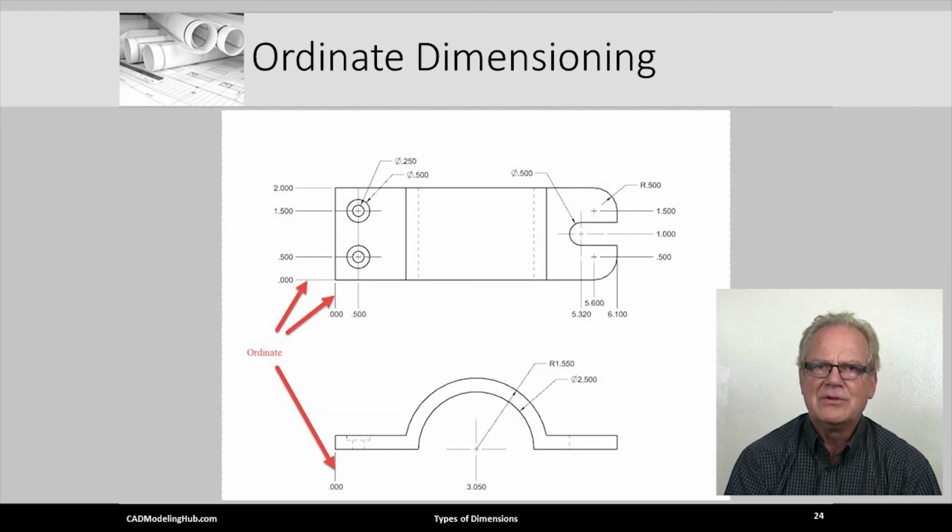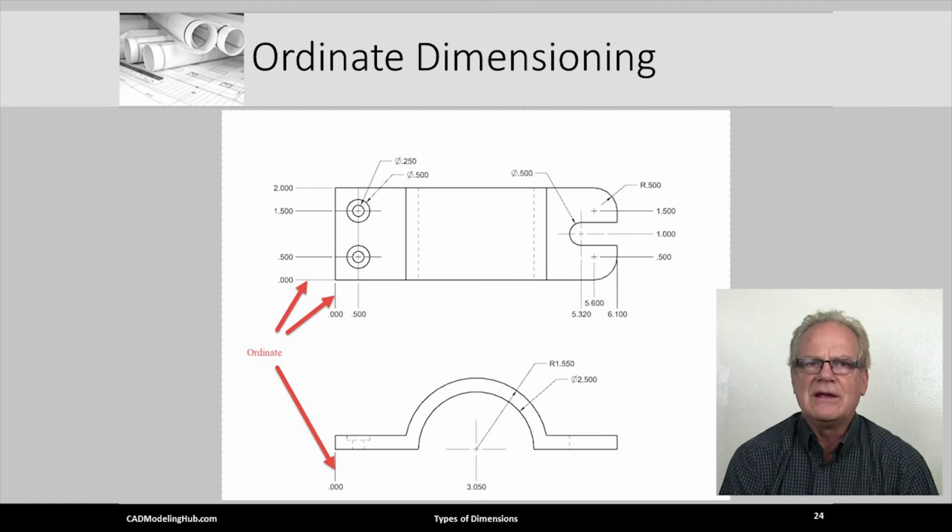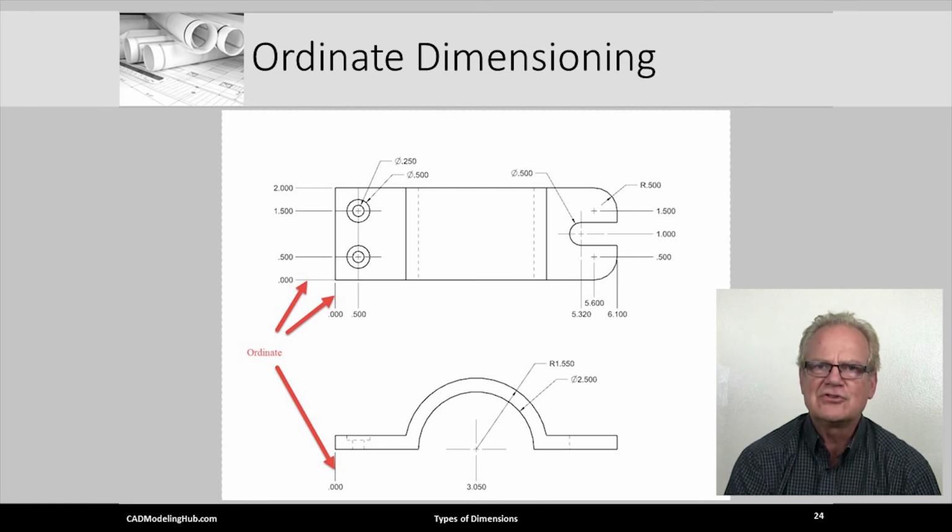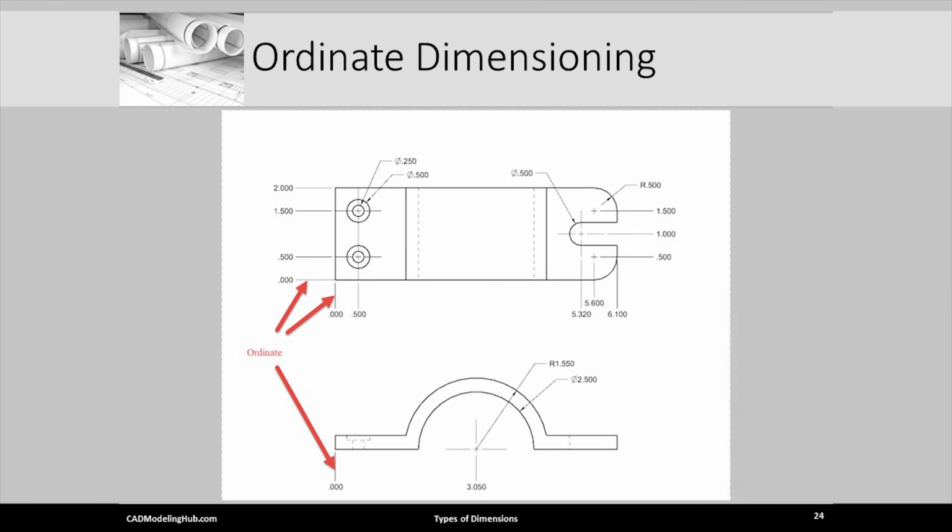The next example is one of ordinate dimensioning. Notice the absence of horizontal and vertical dimension lines and arrowheads. These have been replaced with simple extension lines and values indicating the size or location from the ordinate or 0 position. In ordinate dimensioning, circles and arcs are still dimensioned using a standard dimensioning practice.